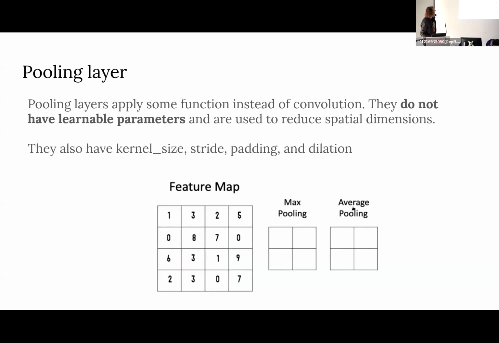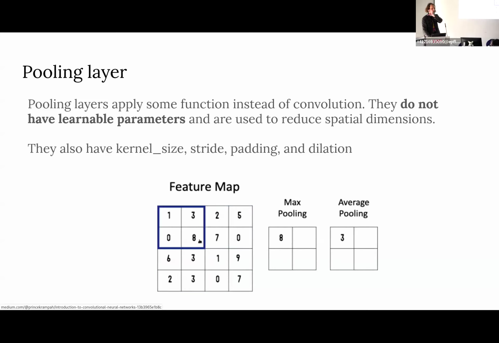Yeah, so one thing that is similar to convolutional layers is called pooling layers. That's exactly the same thing, but we have fixed parameters instead of learnable parameters. For example, we can have max pooling where instead of applying a filter and taking the average, we take the maximum element.